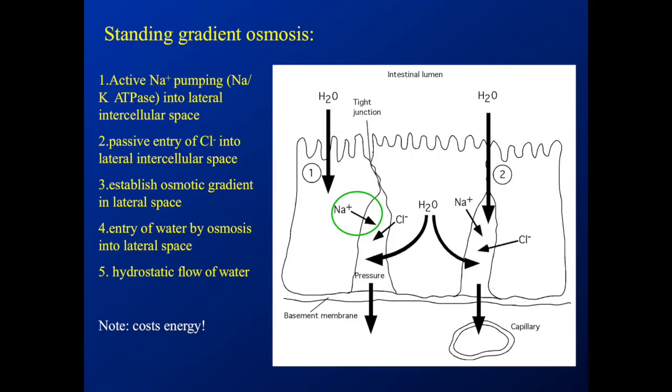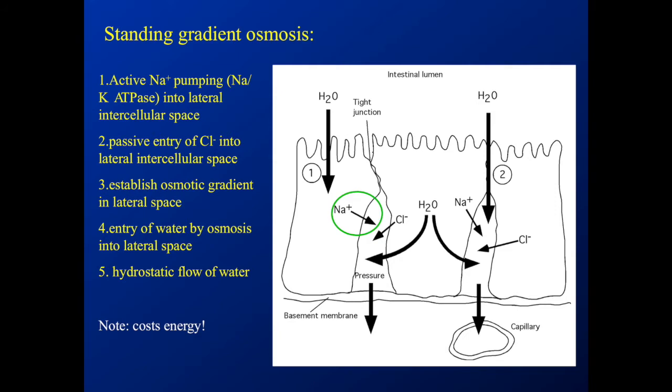Here is a figure that shows the standing gradient osmosis, and I'll talk you through the principles of it. This is a way of creating local osmotic gradients that allows the flow of water into the GI tract when there may not be any gradients between the luminal contents and the vasculature.